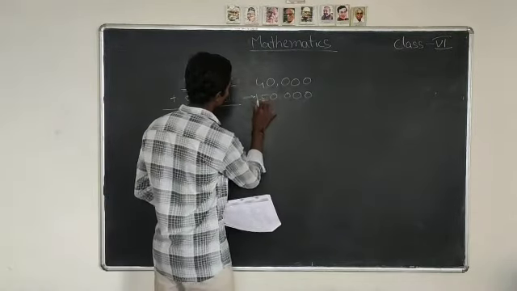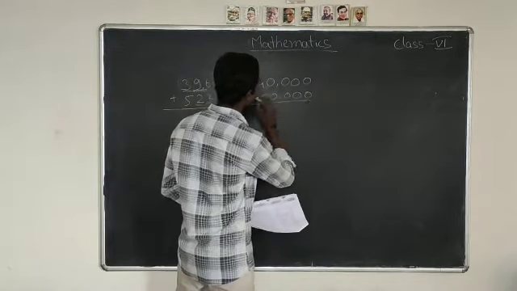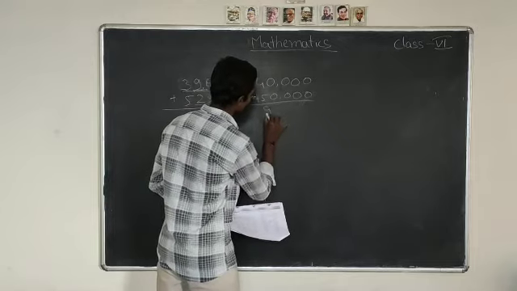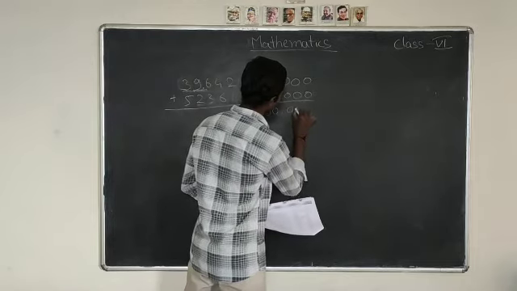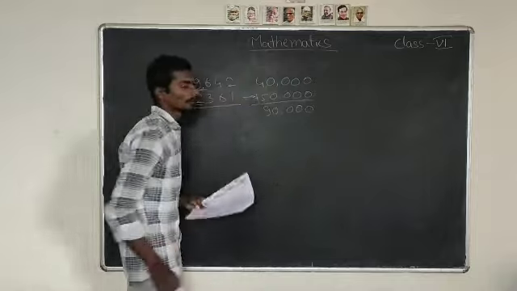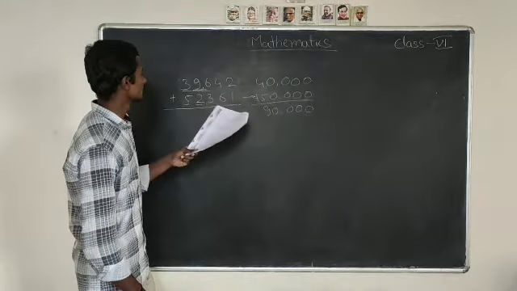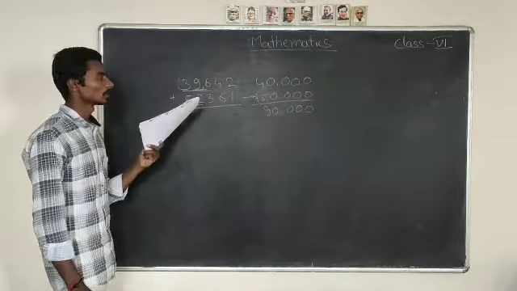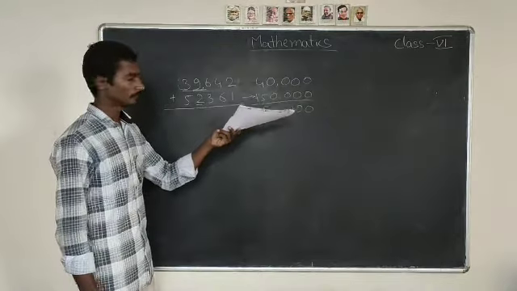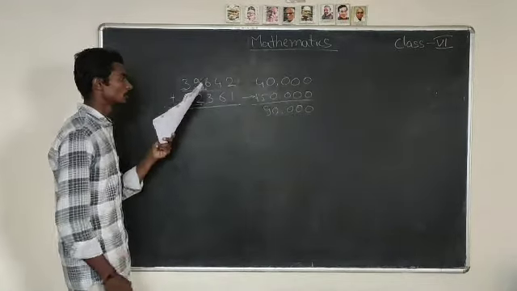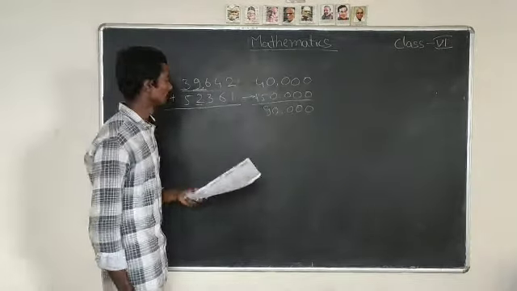Now I will add the numbers and I will get 90,000. Now let's check if the actual sum of these two numbers is also closer to 90,000.